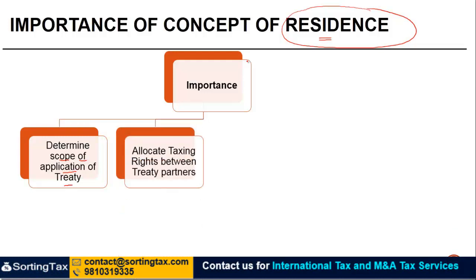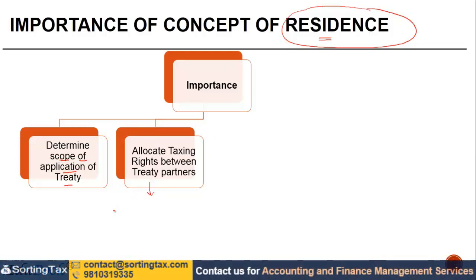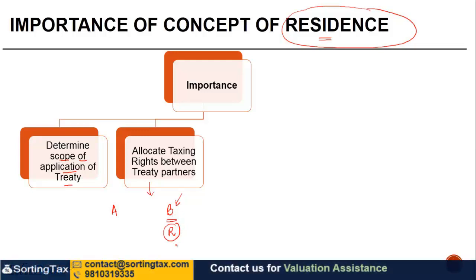The second is to allocate taxing rights between treaty partners. Now, what this means is, if you are looking at a treaty between country A and country B, if a person is a tax resident of country B, then generally B has a right to tax the global income of this person.